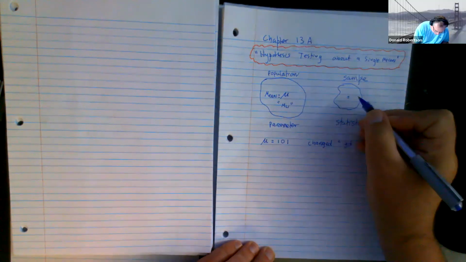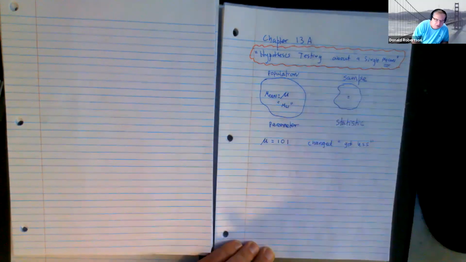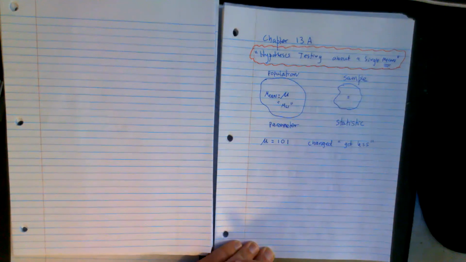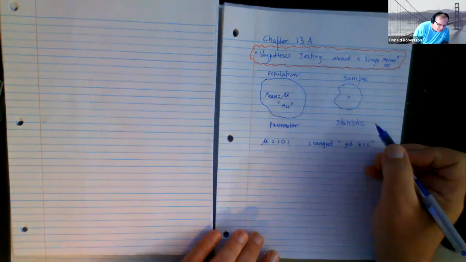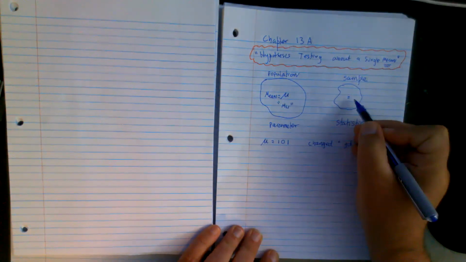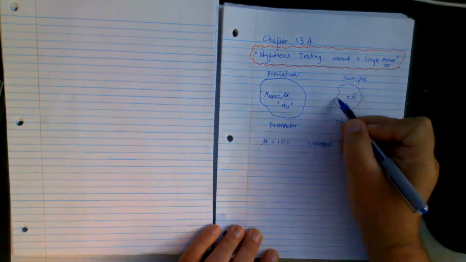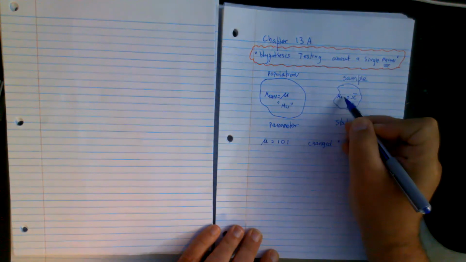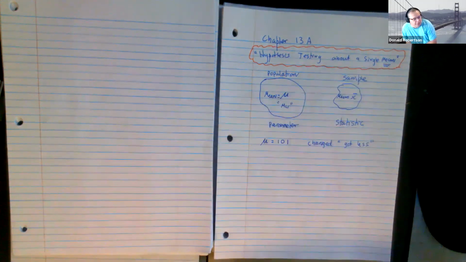Oh, are we talking proportions anymore? Oh. So what do we call it then? Sample mean. Correct. So how do we test, has it changed? Well, we go and get a sample and we find its mean. And then we try and see whether there's any statistical difference between them, right?